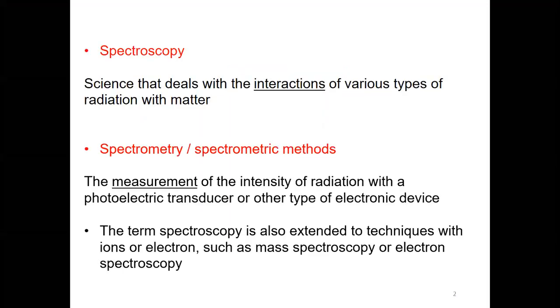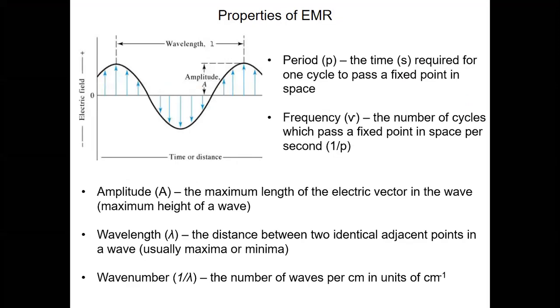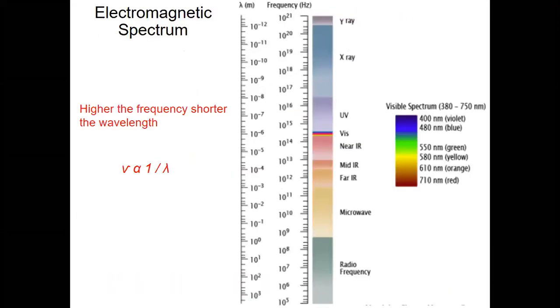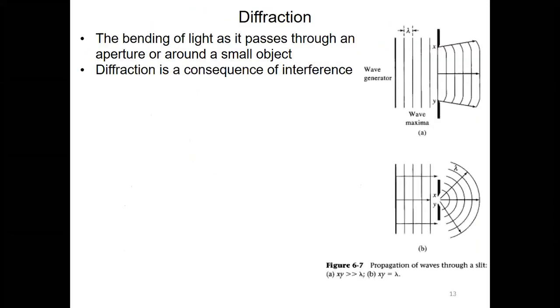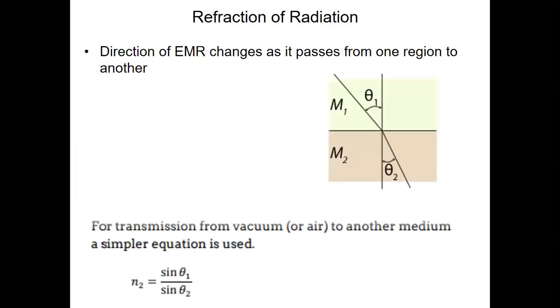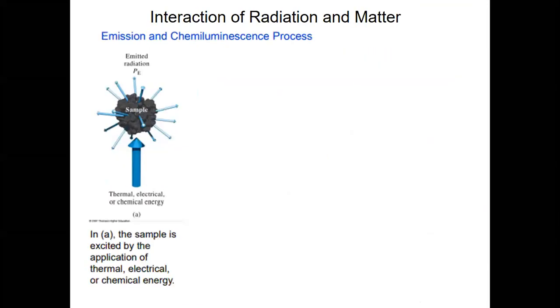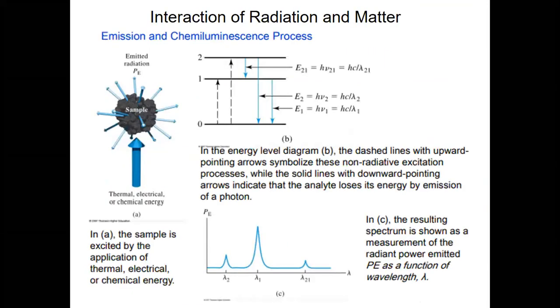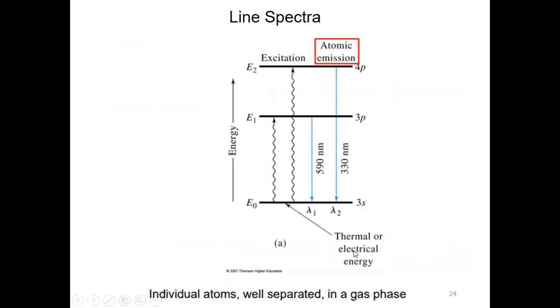We discussed all the electromagnetic radiations and properties of the electromagnetic radiations, and what are the diffraction and transmission, all those things, and how the radiation interacts with matter, because that is the most important thing when we talk about the spectroscopy, because in the spectroscopy, radiation interacts with the matter.